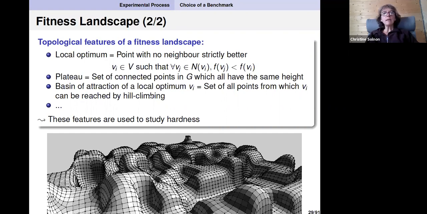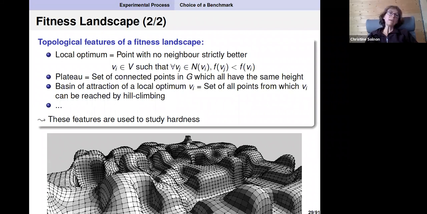And finally, we can also compute the size of basin of attraction, and in particular, the size of the basin of attraction of the globally optimal solution is very important, because any point that belongs to this basin of attraction can be used to find the globally optimal solution by using a hill climbing algorithm.